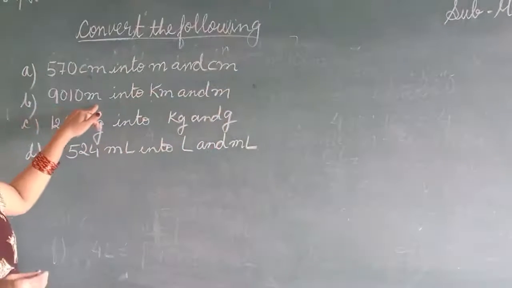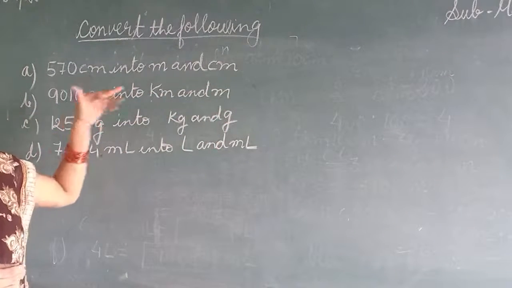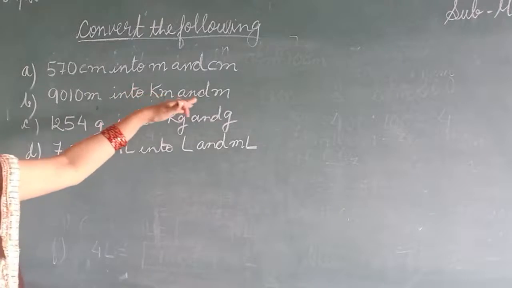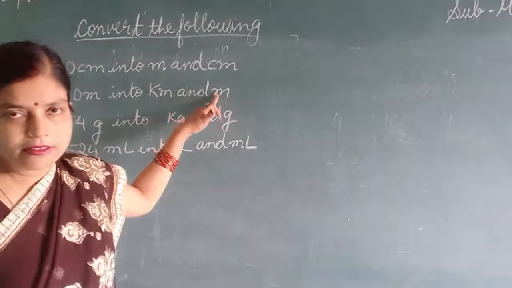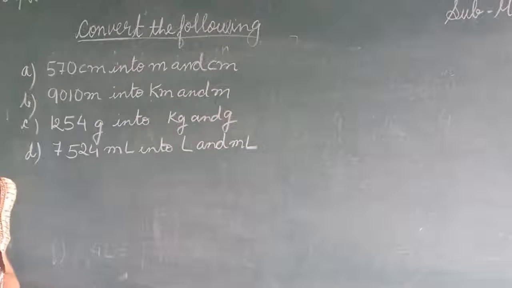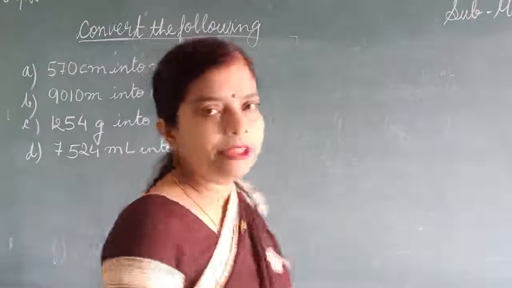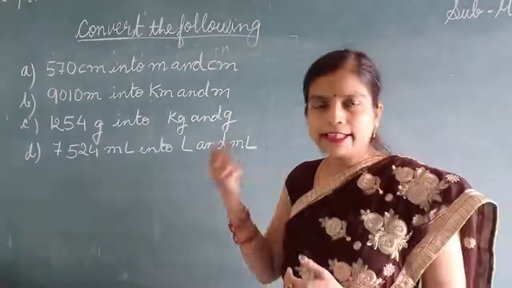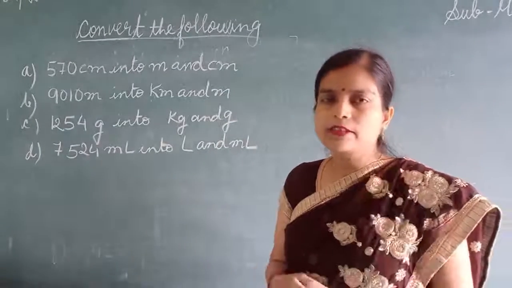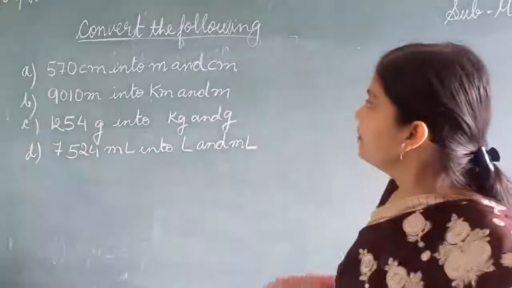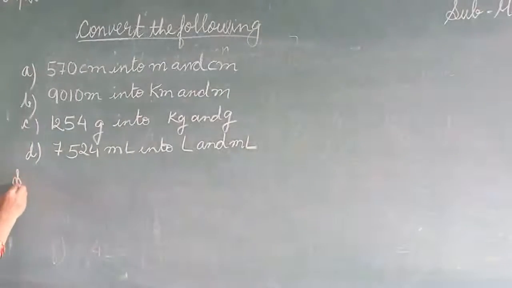Similarly, here we divide by 1000, and the quotient will be kilometer, and the remainder will be the meter. We already discussed that in the earlier class. Today we are going to solve by the second method only. So here is solution A.